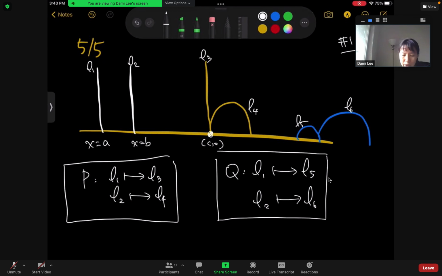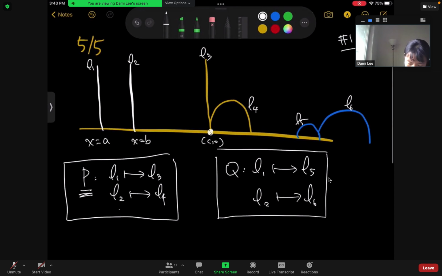Now, they meet at the boundary. So here, when I'm looking for this map P to send L1 and L2 to L3 and L4, what I'm also trying to do is send infinity. So this is the point of intersection where L1 and L2 are intersecting. Well, that point must go to the intersection of L3 and L4 as well, right?